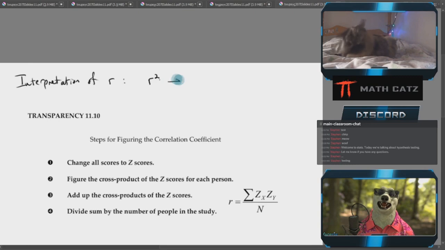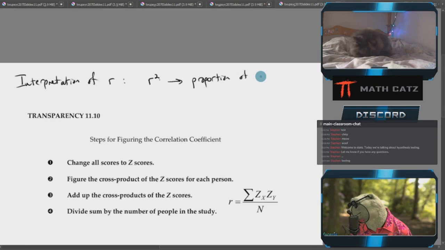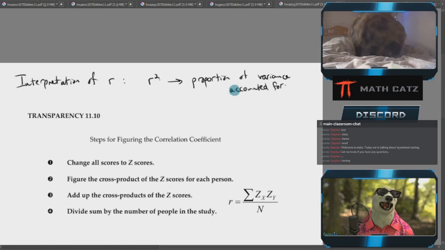And that is then called a couple of names. I'll call it the proportion of variance or variation accounted for. What does that mean?